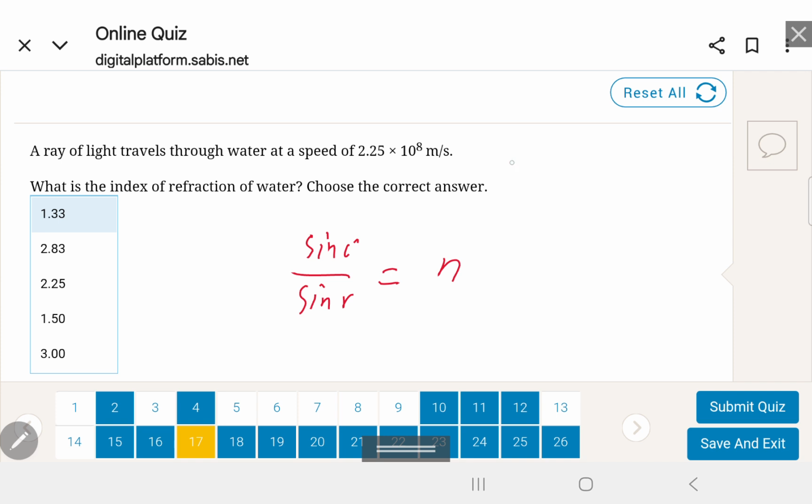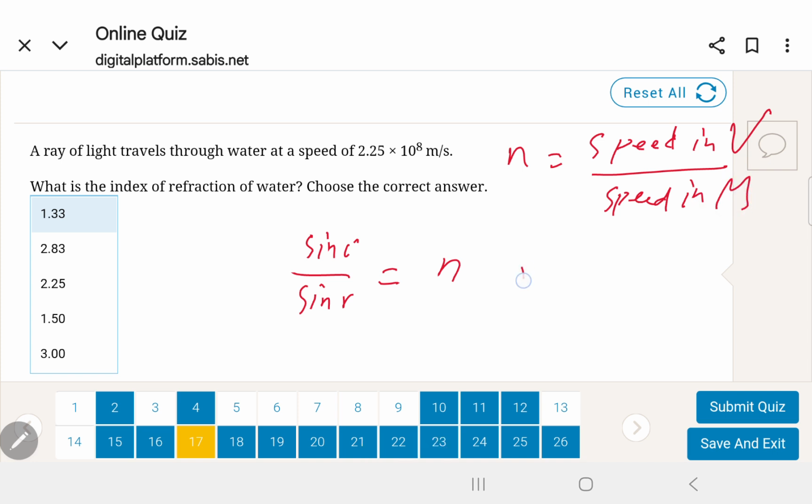So let's use another one. n is equal to speed of light in vacuum over speed of light in medium. So the refractive index would be, in this case, 3 times 10 to the power of 8, that's the speed of light in vacuum, over the speed of light in the medium, 2.25 times 10 to the power of 8. Use your calculator to get the answer.